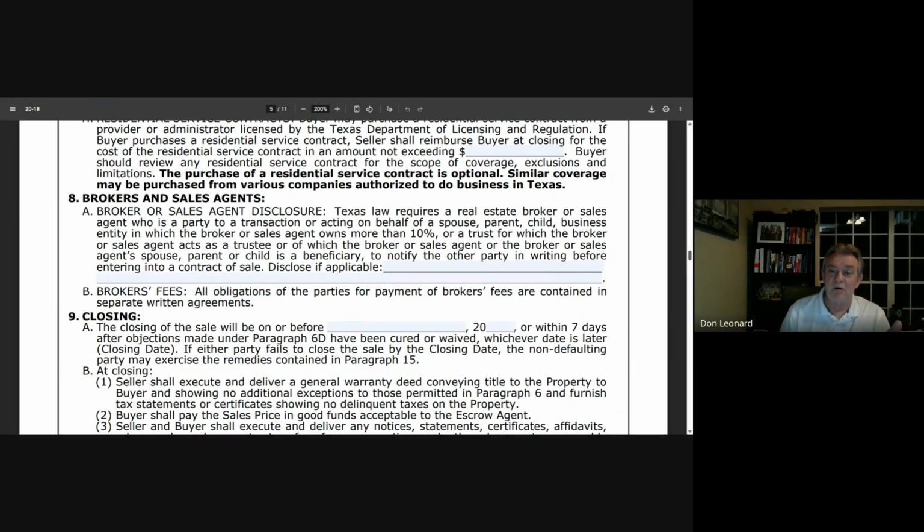It also says that if you are representing certain relatives, your spouse, your parent, or your child, then you also have to disclose that relationship. If your client is your spouse, your parent, or your child, then you have to disclose that relationship. They used to just say relative. Now they actually spell out what relatives they are.